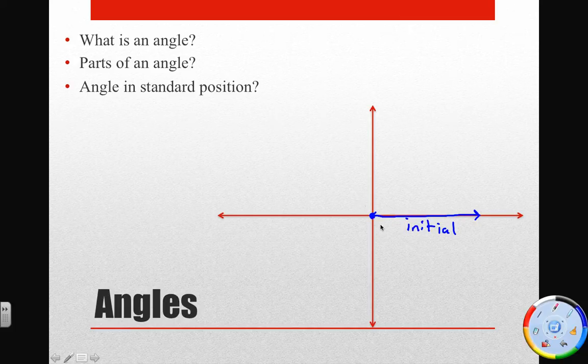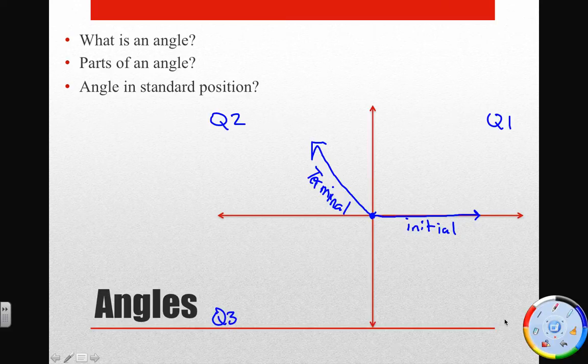And the terminal side is just somewhere out here in one of the four quadrants. Okay, so this is my terminal side, somewhere out in space. I'm going to remind you that this is quadrant 1, quadrant 2, quadrant 3, and quadrant 4.